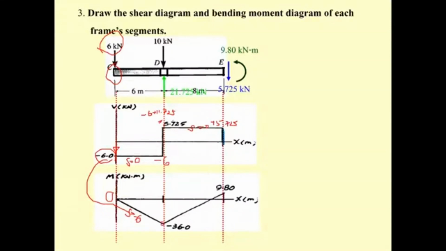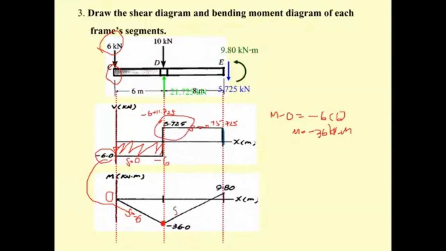What's going to be here is M minus 0, and this M minus 0 is going to be equal to the area here. That means it's going to be equal to minus 6 times 6. Okay, and then the M here is going to be minus 36 kilonewton meter.